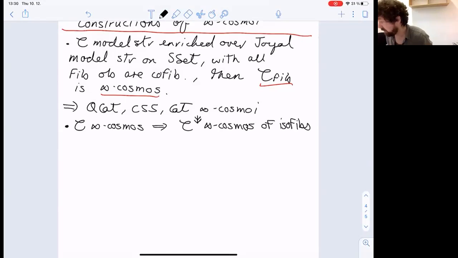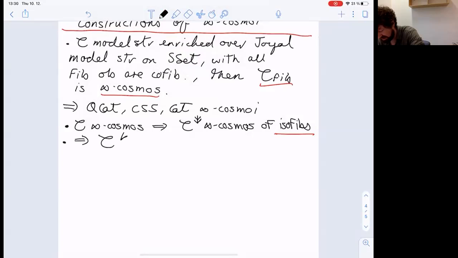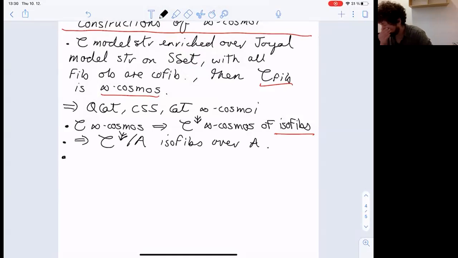The isofibrations in this thing are the Reedy isofibrations, but that doesn't really matter; I'm not going to get into that. But this is a very important example. Similarly, you could slice the isofibrations over a particular object. You couldn't, as far as I know, form an infinity cosmos just of arrows. That would be problematic.